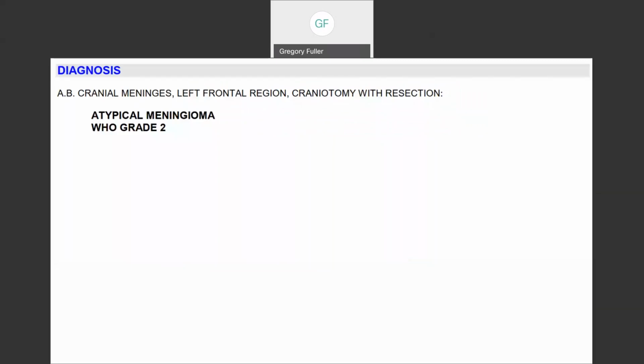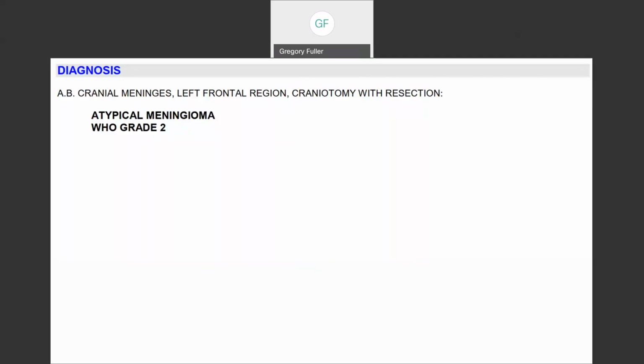Here's the point. Listen, there's a point. The point is, just because you see beautiful whorls in a meningioma does not mean it is grade 1. You still have to look for brain invasion and for all of the atypical features: small cell formation, sheeting architecture, prominent nucleoli, etc., as well as mitotic figures.